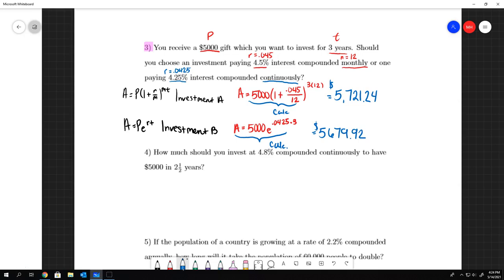So remember, these take the same amount of years to get this amount of money. So looking between my two investments, well, with investment A, the one that's compounded monthly, we made, so I just want to see what the difference is. I know that I'm going to definitely pick investment A because it is bigger.